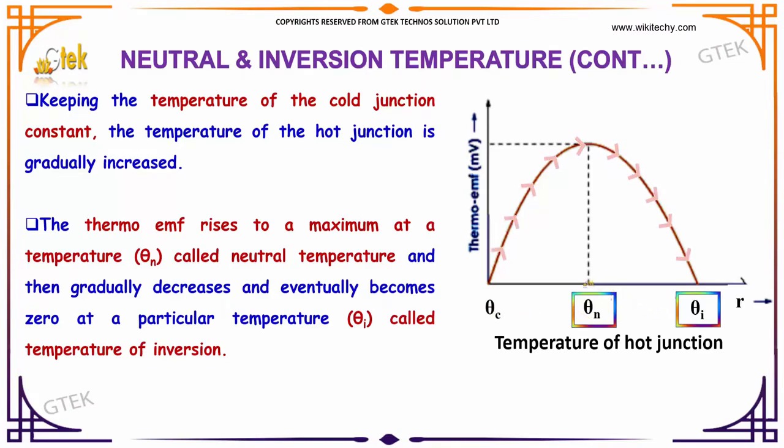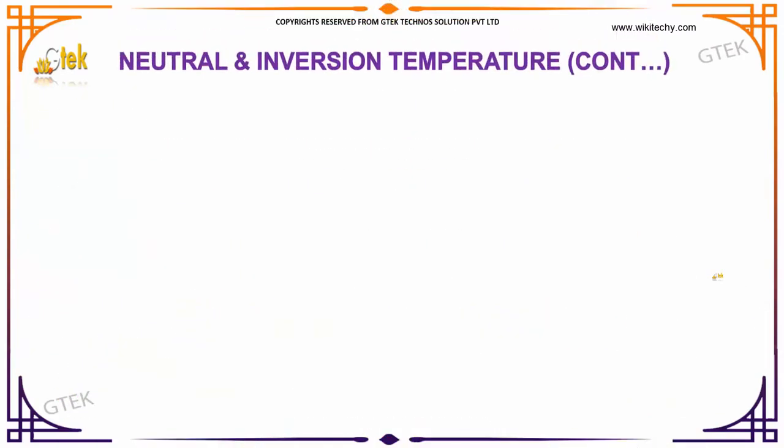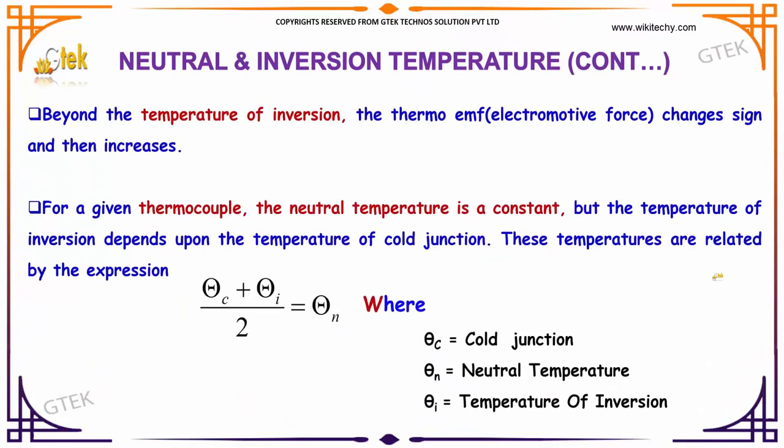The thermo EMF rises to a maximum at a temperature θn, that's the neutral temperature, and then it starts decreasing and eventually becomes 0 at a temperature that's the temperature of inversion. Beyond the temperature of inversion, the thermo EMF changes sign and then increases.